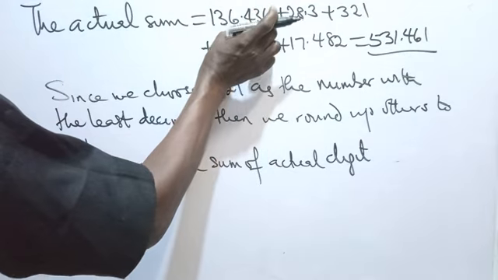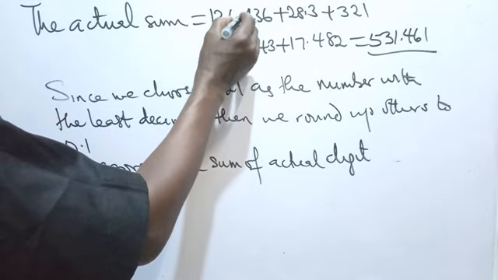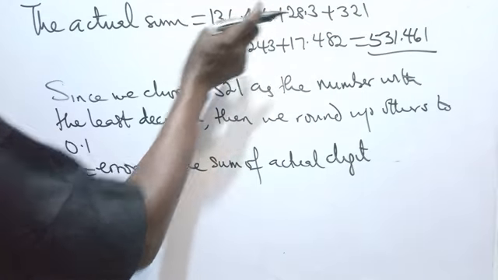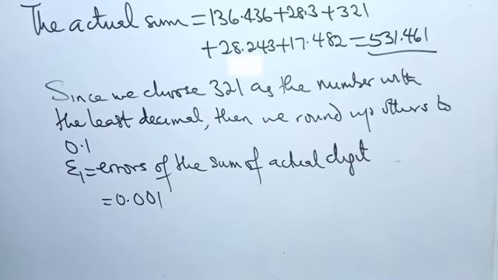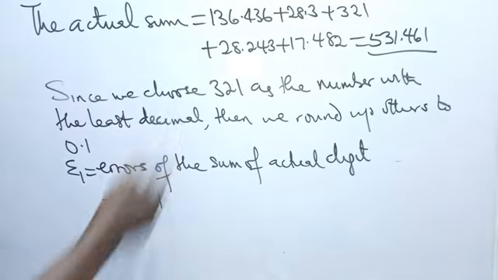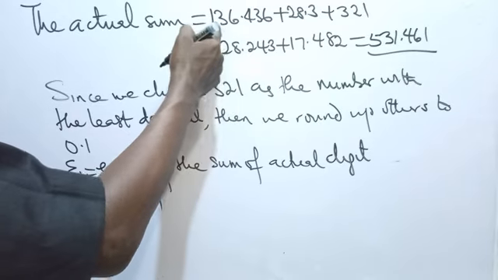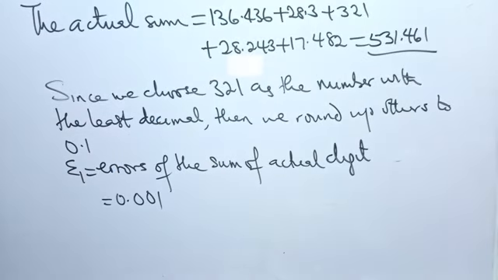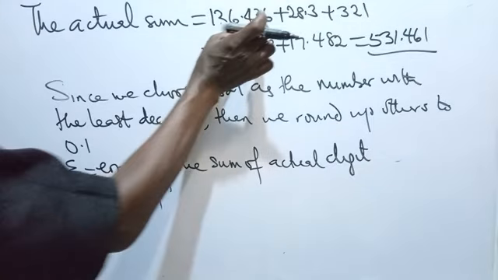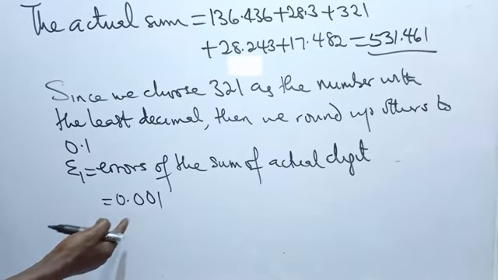This is in thousandths, because we have 3 decimal places here, and 1,000 has 3 zeros. So this is like 1 over 1,000. Because we have 3 digits as decimal places, it's going to be 0.001.